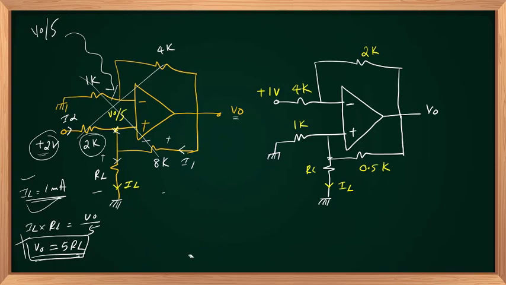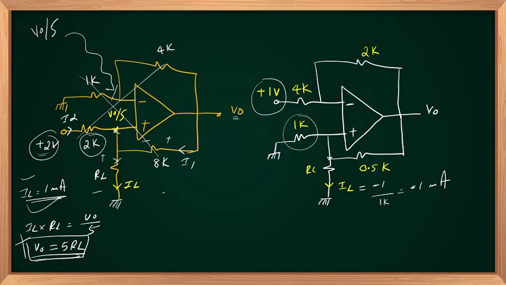So the cross products are matching each other, and the expected value of current IL is, with the source at plus 1 volt connected to the inverting input, minus 1 divided by this resistance as per our discussion. That's equal to minus 1 milliampere. Let us see whether it is minus 1 milliampere or not.